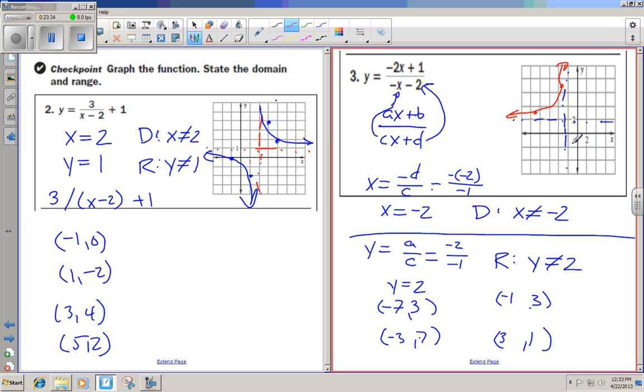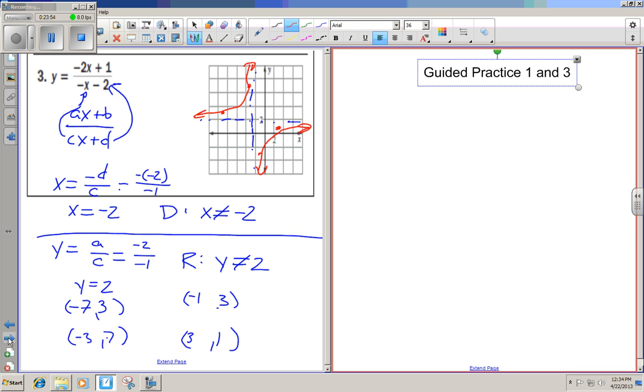On the other side, it's negative 1, 3, and then 3, 1, and you get a line that does not touch the asymptote. That's how this is set up.